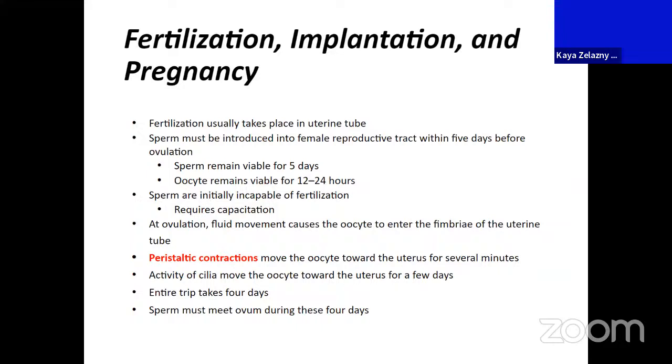Okay. It's also the case the sperm actually aren't capable, even though they're mature, of fertilization until they're actually in the female reproductive tract. So they've got all their parts, right? They've got the tails, they've got the midpiece, the head with that acrosome, but they have to undergo a process called capacitation.